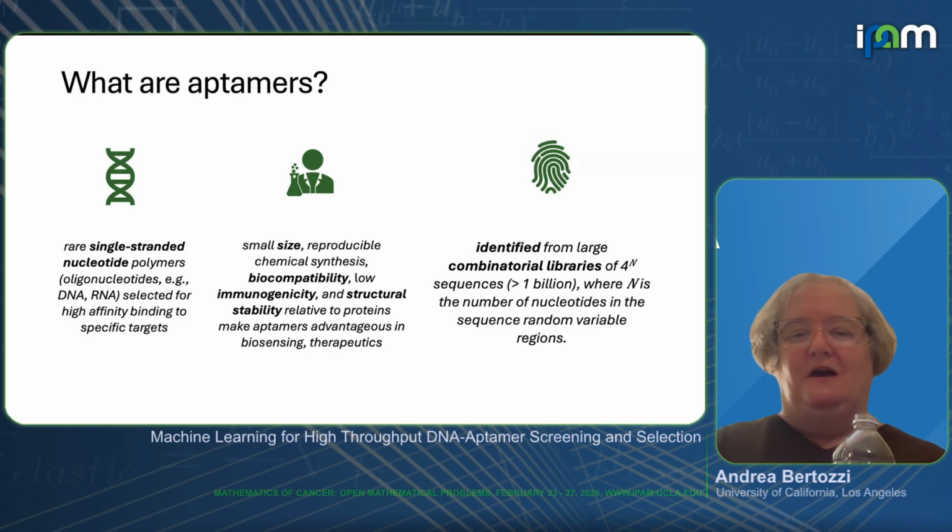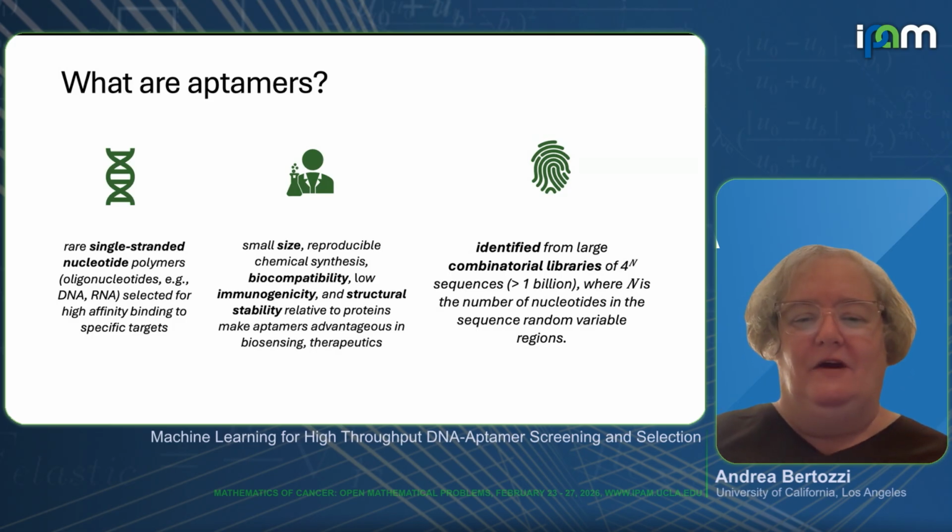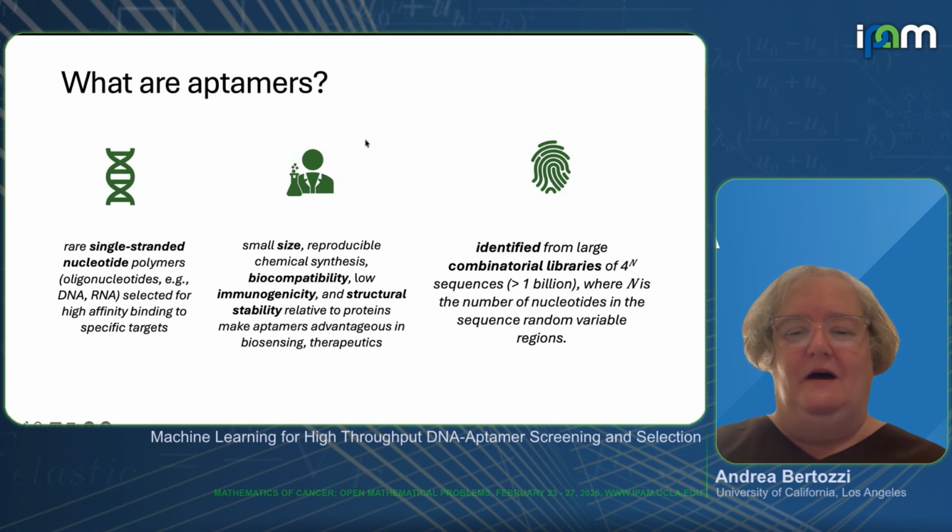They're typically small in size. They're very reproducible, and importantly, they have a lot of biocompatibility, low immunogenicity, and a fair amount of structural stability relative to proteins. So it makes them advantageous for biosensing in vivo and for therapeutics.